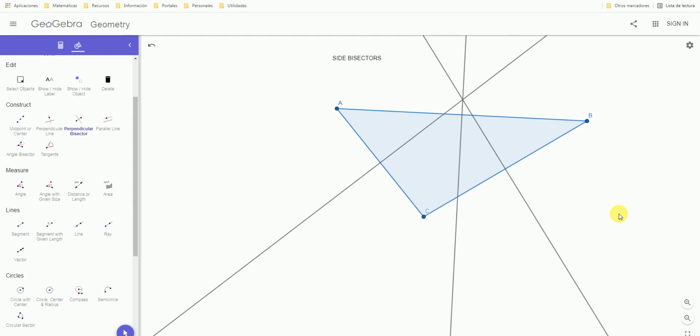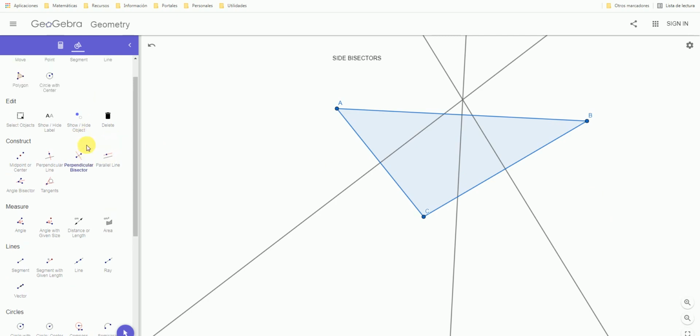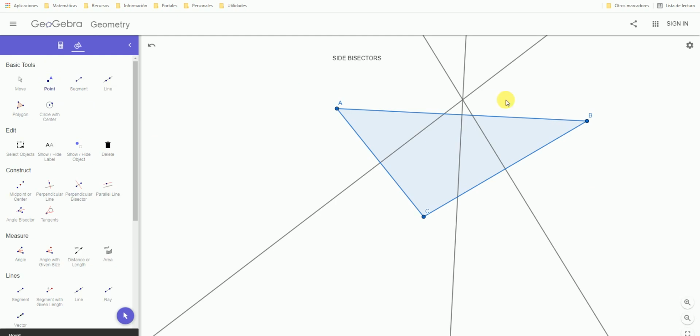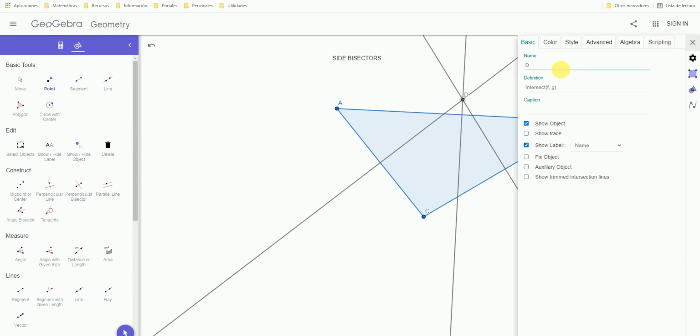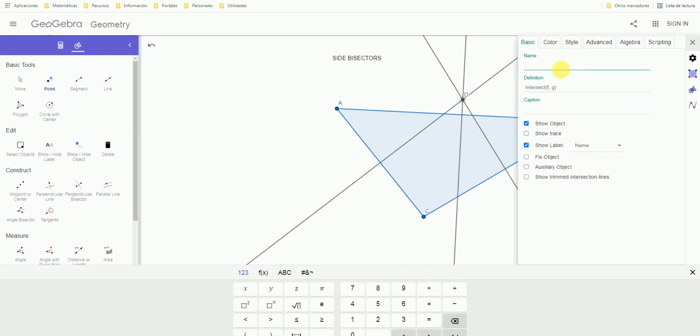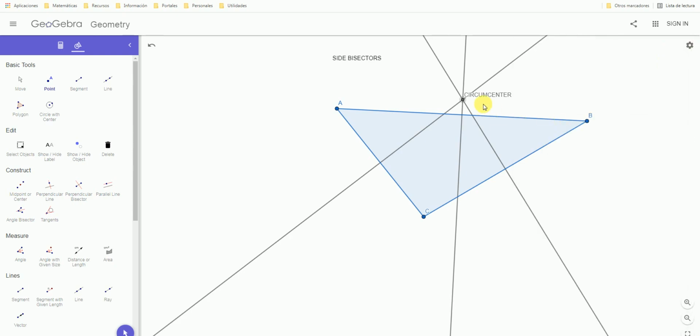And side bisectors, as you can see, all three meet on this point. That point again has a name. The point where the side bisectors meet is called the circumcenter.